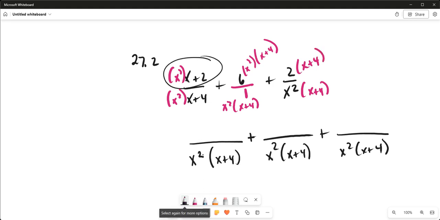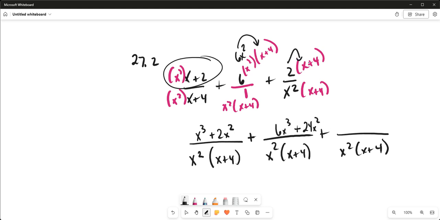I'm going to do this first term first. This is going to be x to the third power plus 2x squared. The second one, I'm going to multiply this 6x squared together first and then distribute it. So that's going to be 6x cubed plus 24x squared. And then the third term is going to be 2x plus 8.